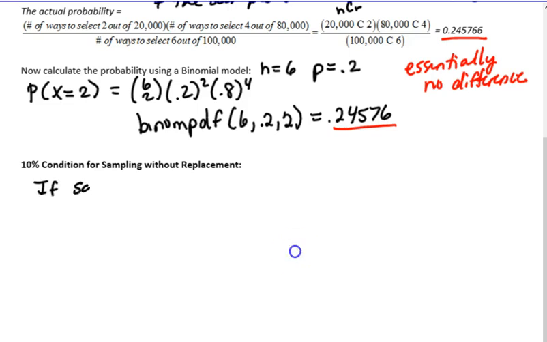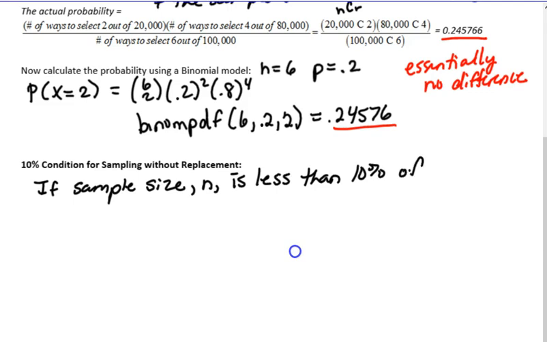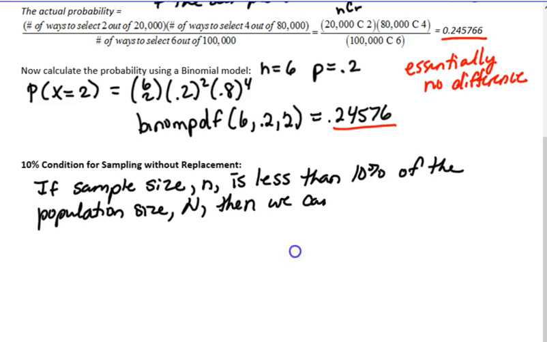If the sample size n is less than 10% of the population size capital N, then we can consider the trials to be independent.